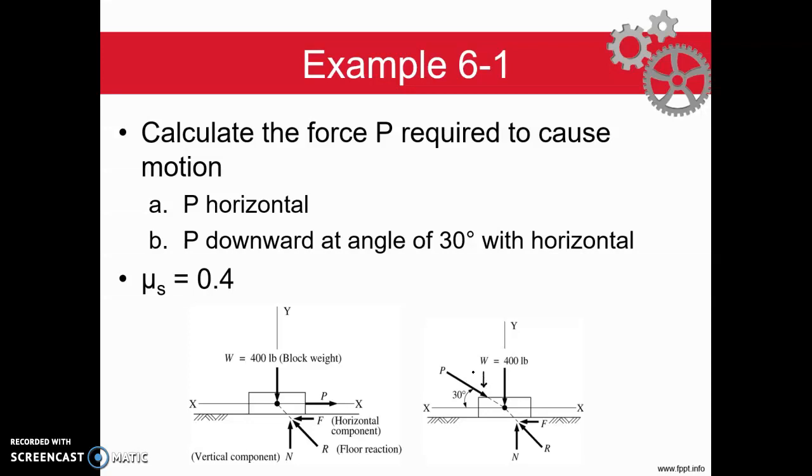We also have the vertical component of that force pushing down and the horizontal component of it pushing to the side. So this additional downward force is going to increase the normal force. The normal force is going to have to be larger to compensate for that downward force.